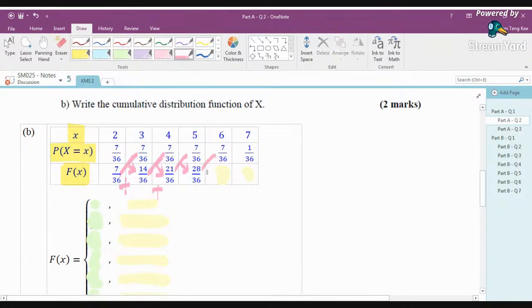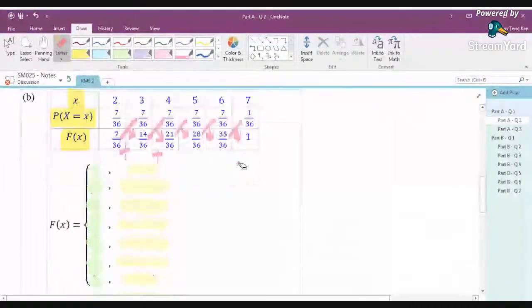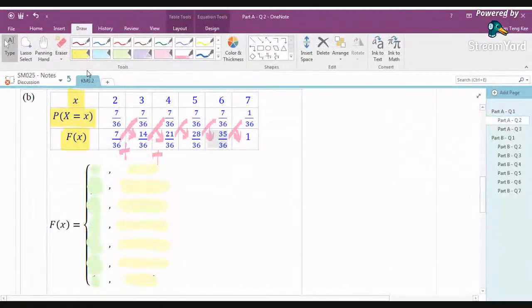Sum up further 7/36 and 28/36, 35/36. And lastly, sum up, it should give me 1. So this is the table that we use as a guideline to form our cumulative function. Once we're done with this table, by referring to it, we're going to construct our cumulative function.